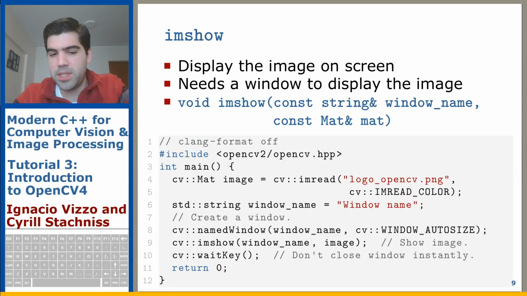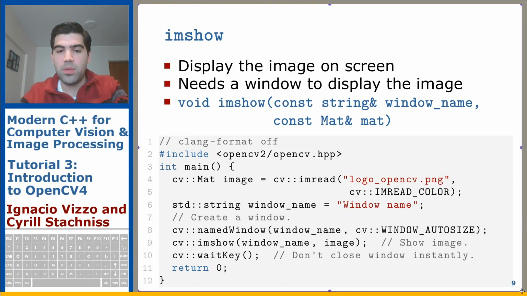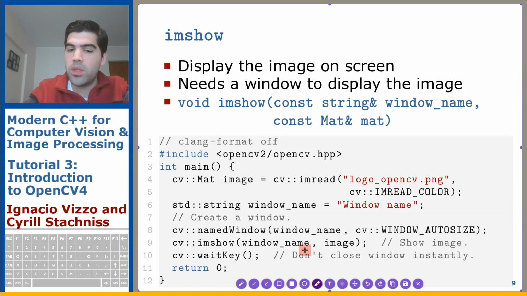Image show is basically the utility function to show an image to the screen. It's actually quite easy. The only thing you need to be aware of is that you will need a window. So the first thing you will create is a window, and then here you will put the name. In this case we pick window name, so it's a really smart name.